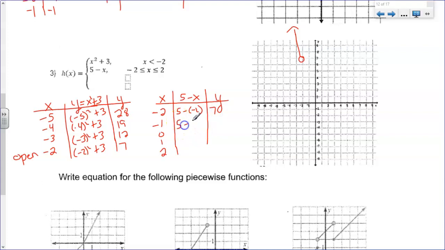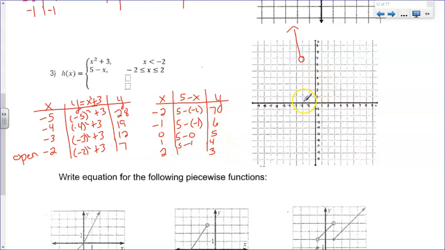And then 5 minus a negative 1. 5 plus 1 is 6. And then 5 minus 0 is 5. 5 minus 1 is 4. And I think we could do this and realize that 5 minus 2 is 3. Alright, so they're both closed.